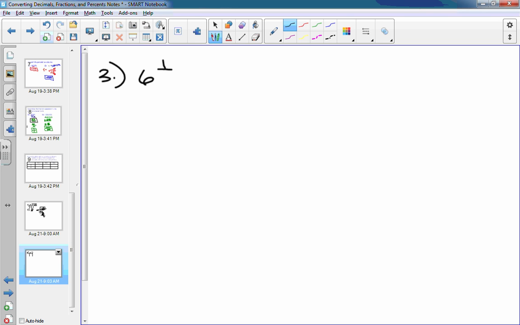Okay, 6 1/8. How do I turn this into a decimal? Could I just do the 1/8? I could just do the 1/8. So I'm going to have the 8 on the outside, the 1 there. How many times does 8 go into 10?